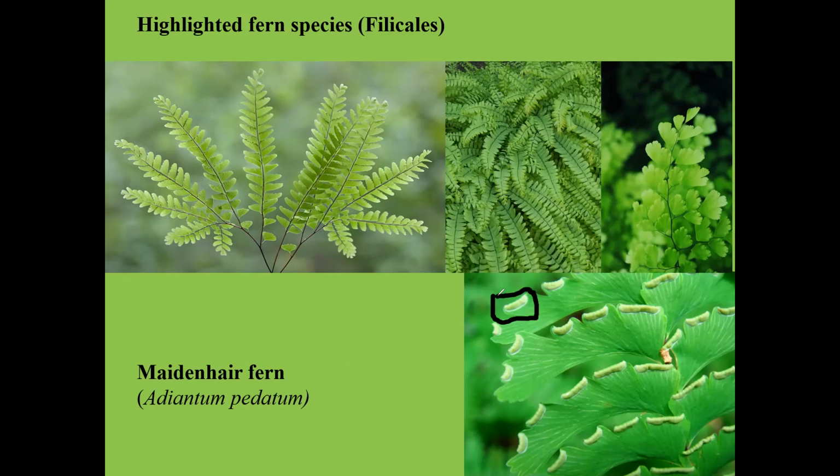Instead, the sides of the leaf, or in this case, the sides of the pinnules, curl over the sporangia to protect them. It serves the same function as an indusium, but it's only the leaf curling over, not a new membrane. If the word indusium is unfamiliar, here I'll write it.